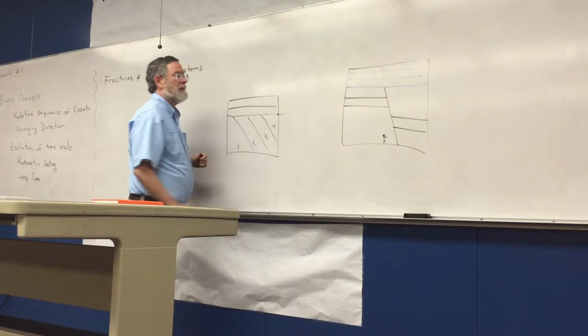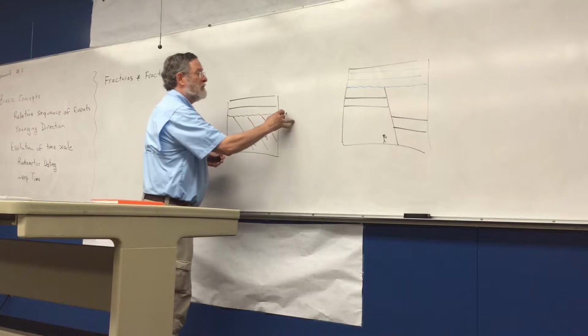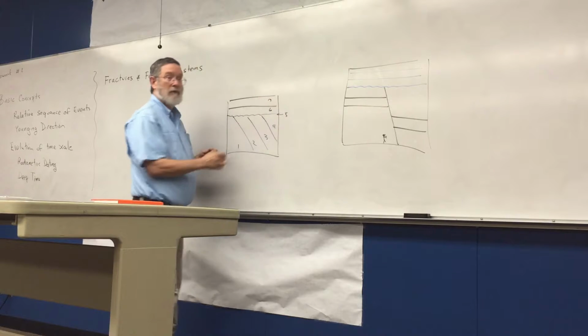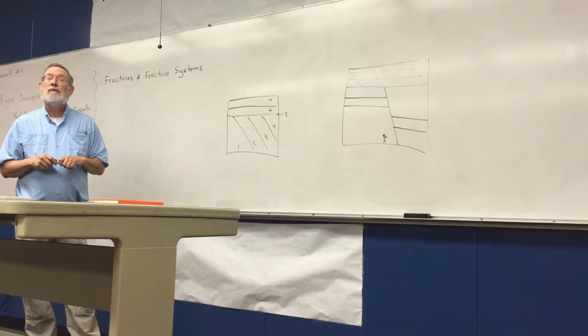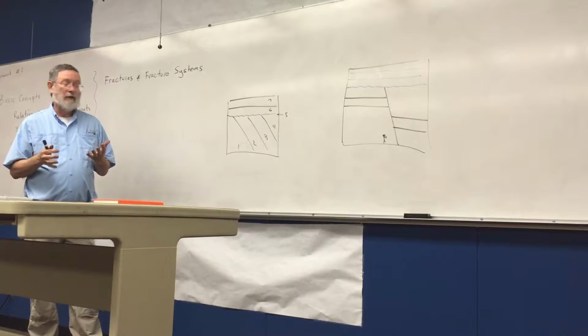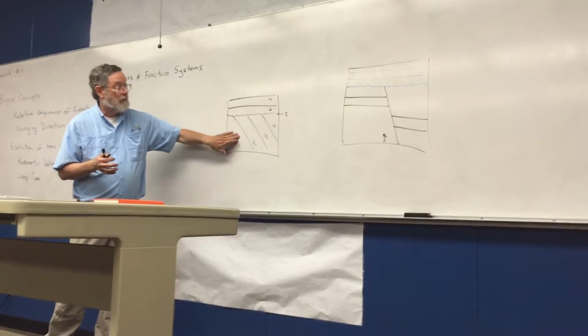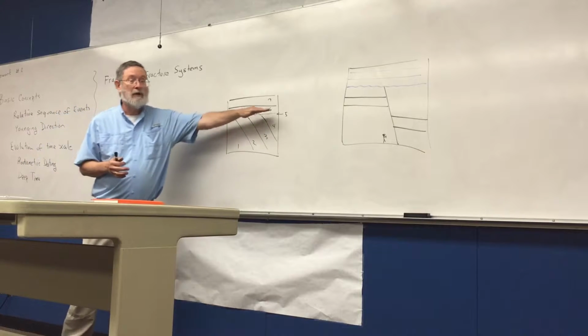Then we have that feature, that's the unconformity. So this would be 5, 6, and 7, right? Okay. How did we know that? Because the bottom layers would have had to tilt before the top layers could be deposited horizontally. So we start off with initial horizontality. We use cross-cutting relationships.